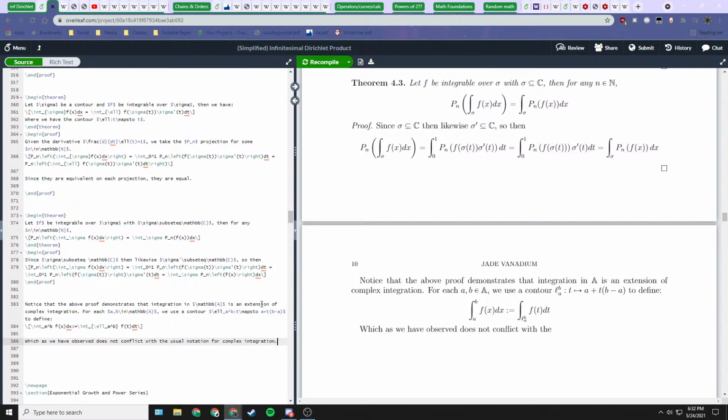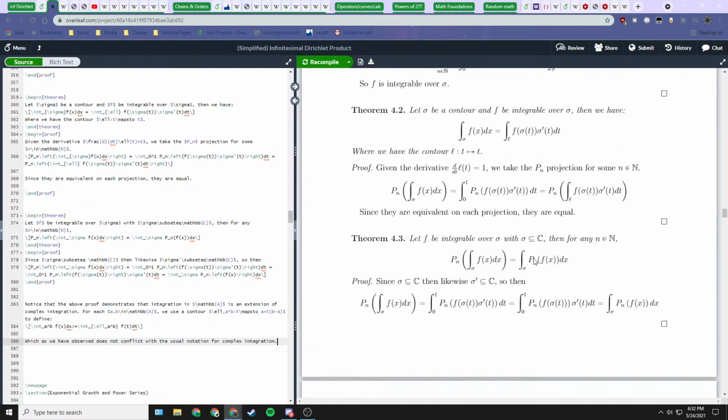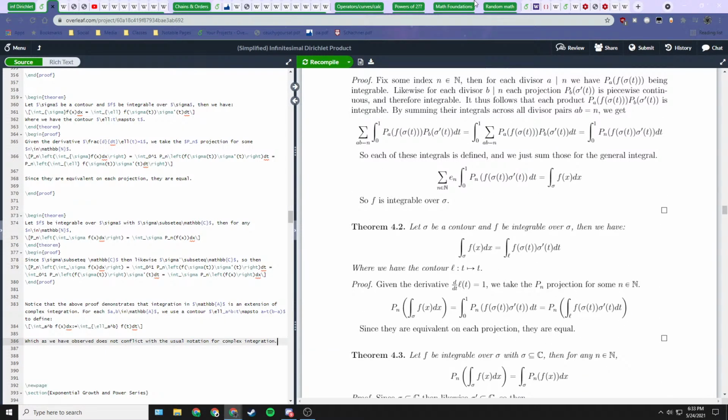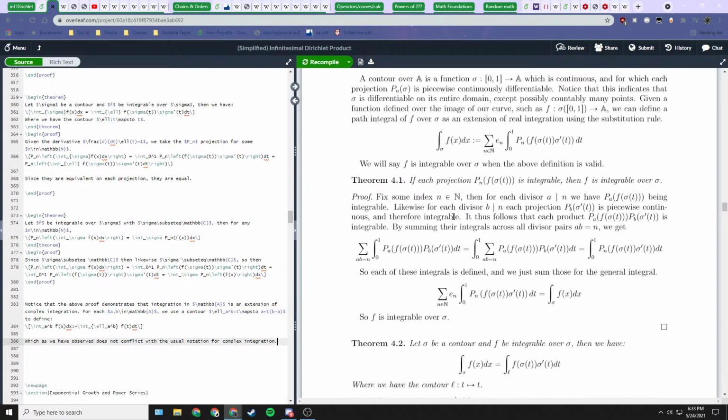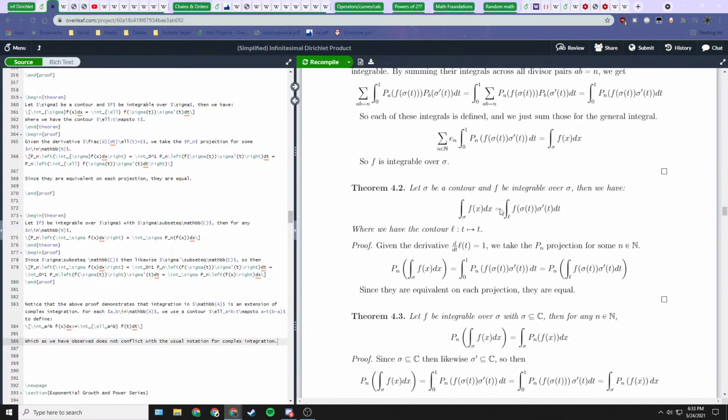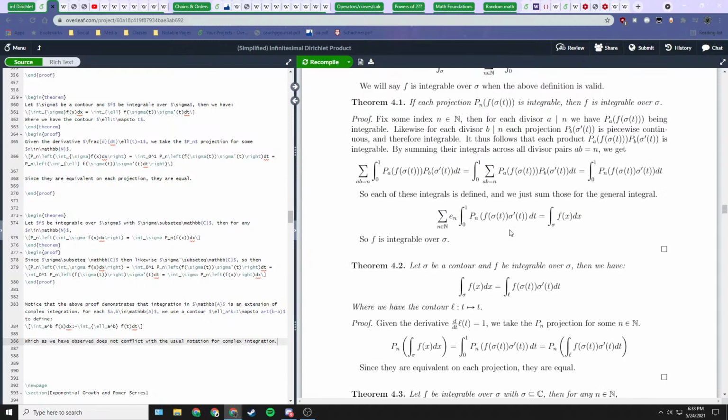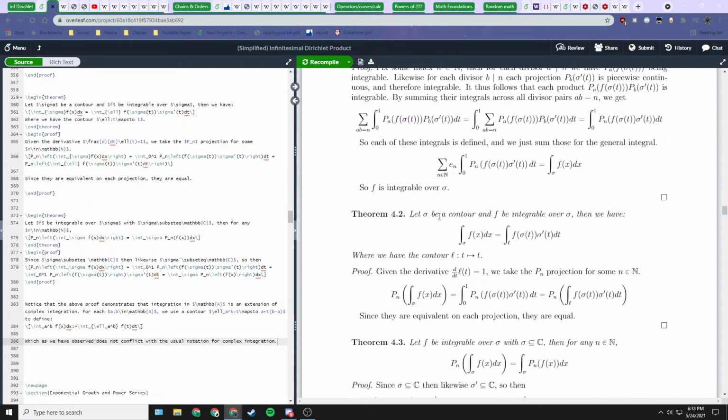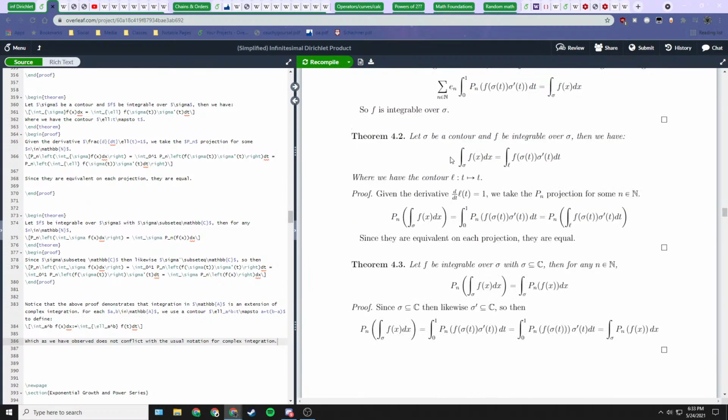Okay, so all we've done is we've used these two theorems. Our first one is, there's first three. So this one tells us what sorts of things are integrable. This one tells us that we have this substitution rule, where this L curve is just sort of the identity contour on the unit interval.